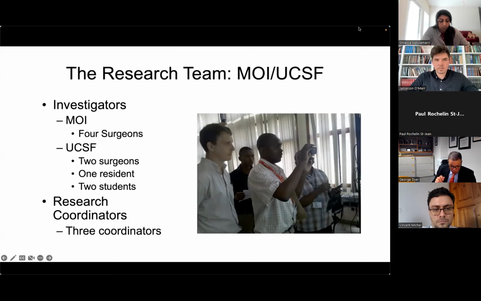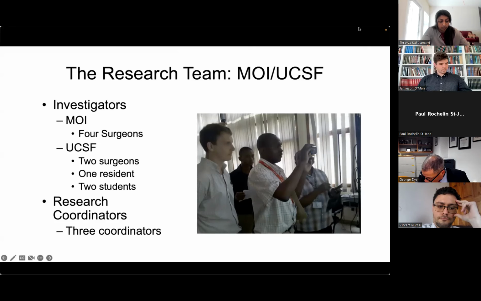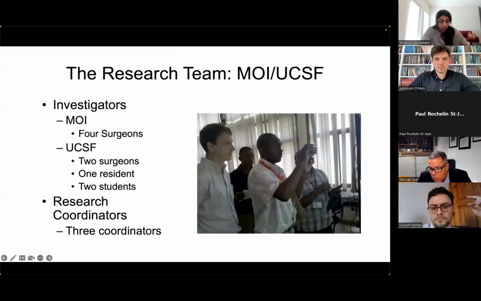And we had a team of 3 research coordinators that we brought on almost 10 years ago now, that have continued to be a wealth of resource and have become incredibly skilled research coordinators that really rival some of our teams here that we work with domestically. So this team was assembled about 10 years ago now, and has continued to work together on trial after trial.